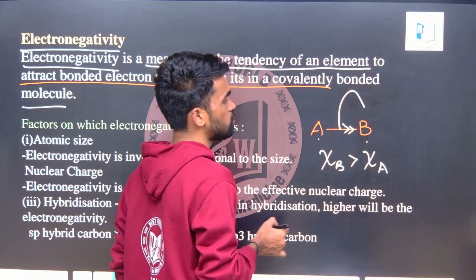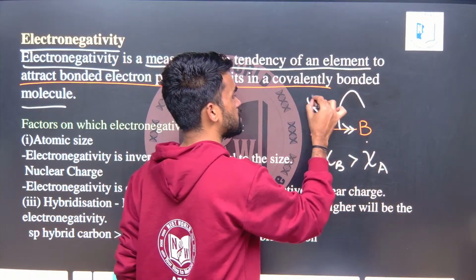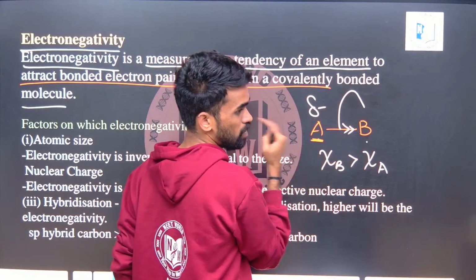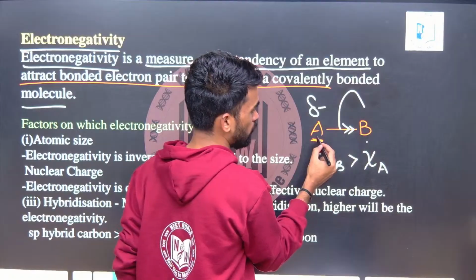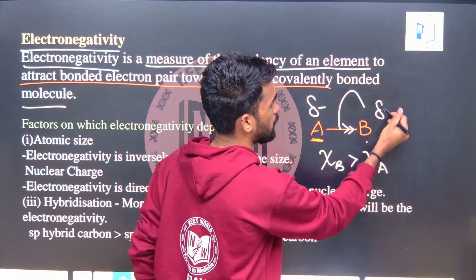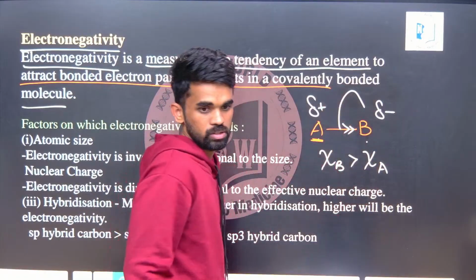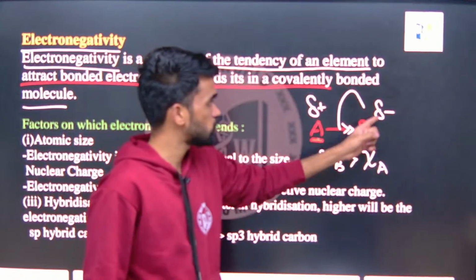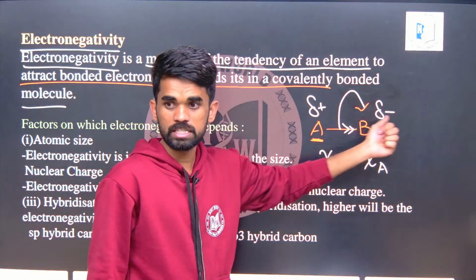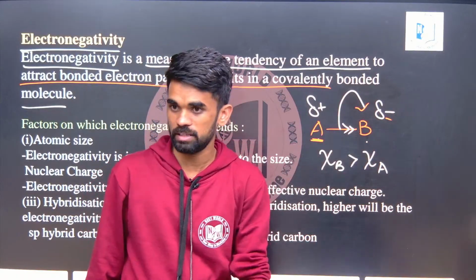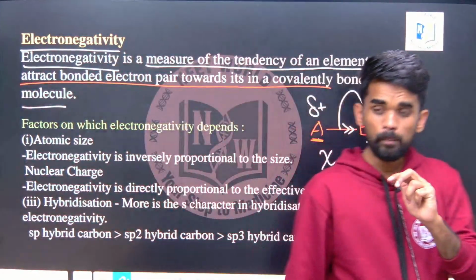Due to this, there will be partial charges created here. Tell me which element will have the positive charge? This one is losing electron density, which is polarizing towards B, so this should get a positive charge. The taking species should get a negative charge. Electron density is moving towards B, so B should get a partial negative. Due to the electronegativity difference, polarities are created.